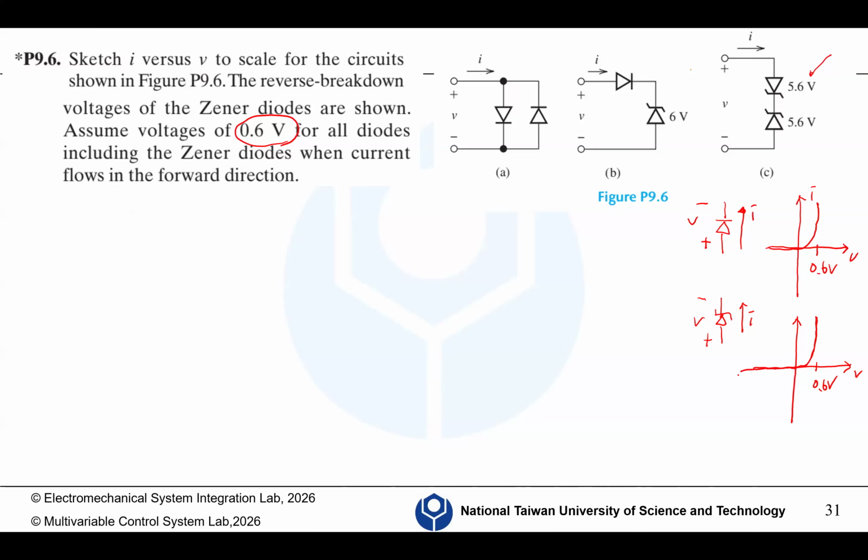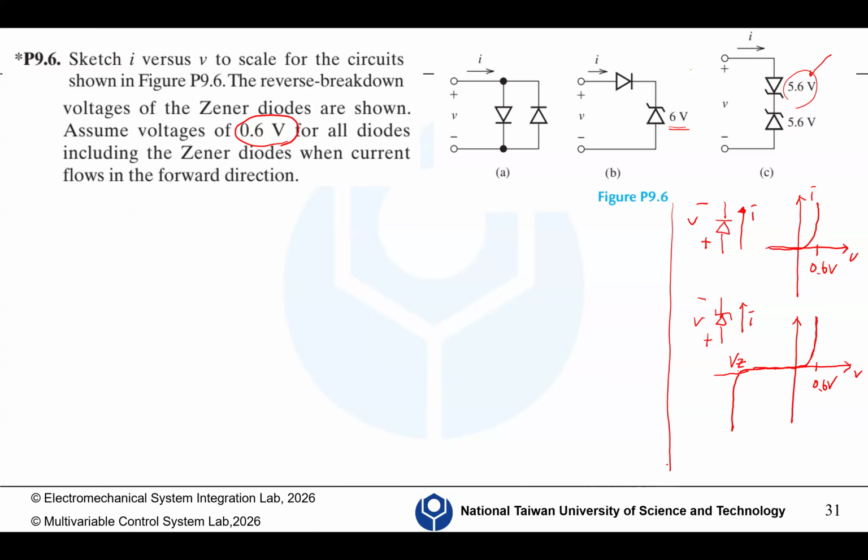But here it has a Zener voltage. For this case, this is 6. But in this case, this is 5.6. So we just say this is VZ. So we have these two kinds of VI curve.